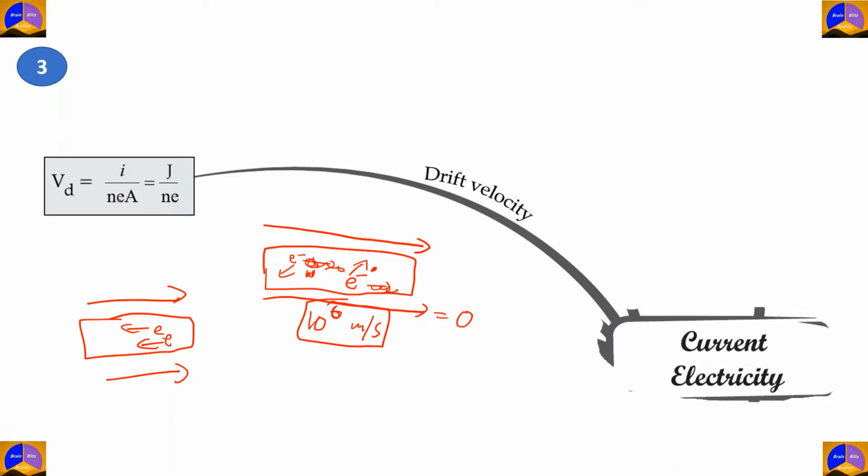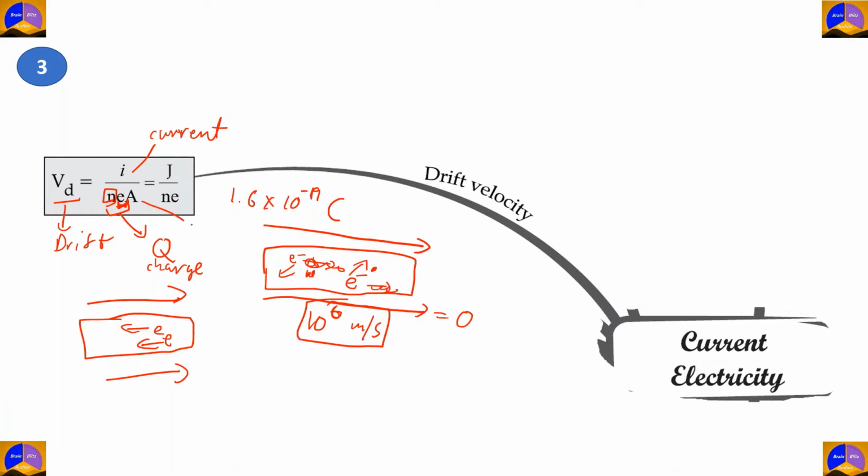Now, what are these values here? Vd stands for drift velocity. I stands for current. And the value NE, if you've studied in your previous chapter, would be the same as that of Q. And Q is charge. N is the number of electrons present in the conductor, and E is the charge of one electron, which is 1.6 into 10 raised to minus 19 coulombs.